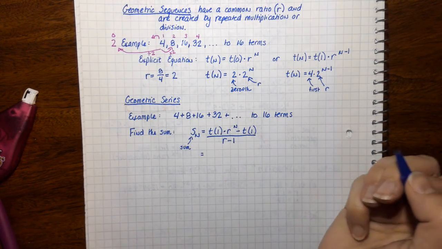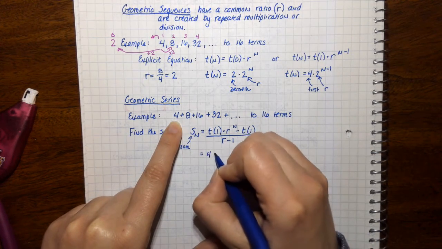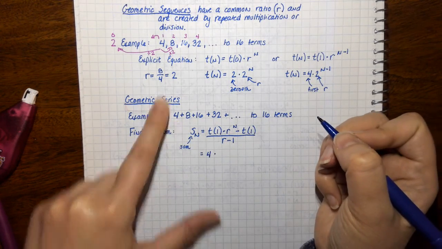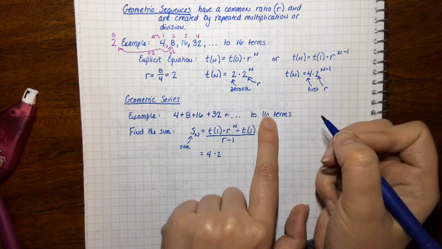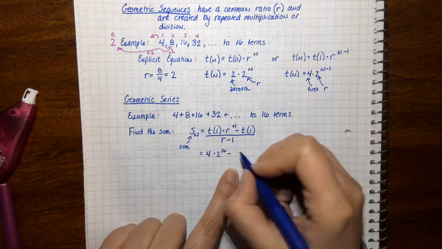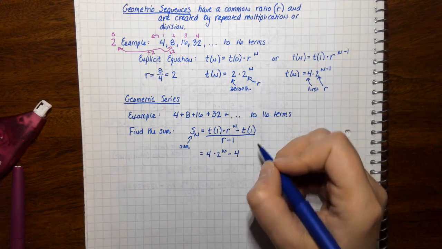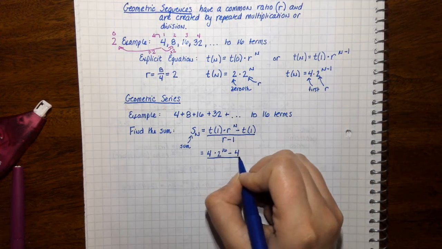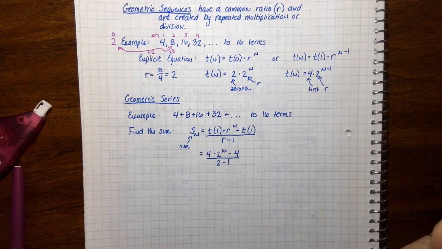Okay, so t of 1 is the first term here, which is 4, times r, which is 2, to the n, which is 16 terms, minus t of 1, over r, which is 2, minus 1.